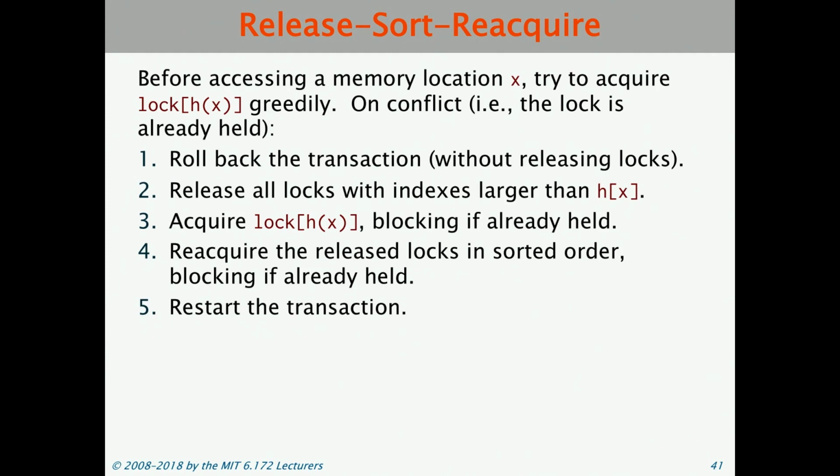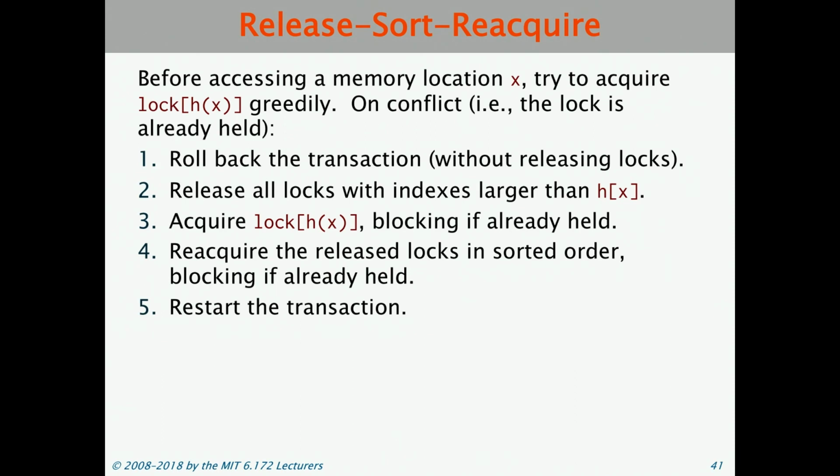And then I'm going to acquire the lock that I want. And now at that point, I've released all the bigger locks. So I'm acquiring the next lock. And then I reacquire the released locks in sorted order. So I go through all the locks I released and I reacquire them in sorted order. Okay? And then I start my transaction over again. I try again.